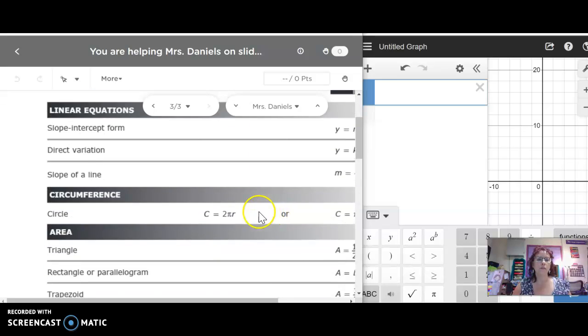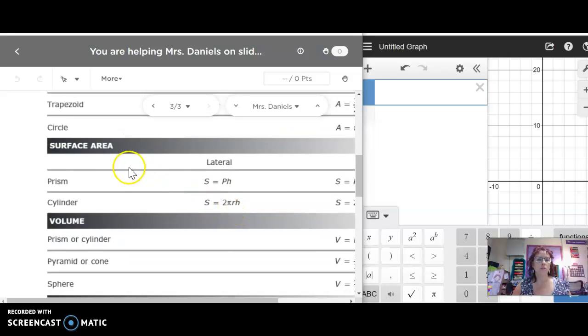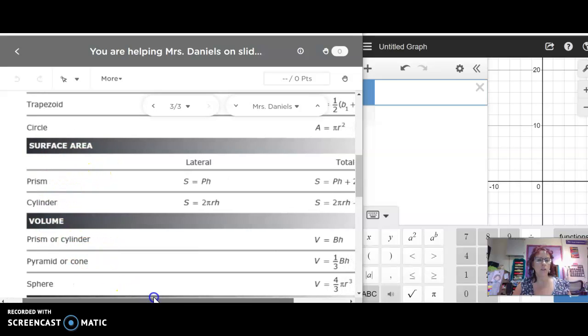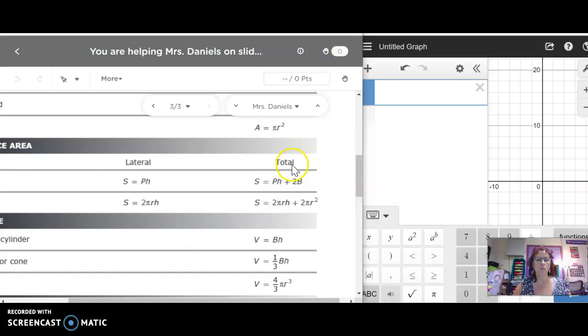We need the formula that goes to surface area. It's a prism, and we're looking for total surface area. That would be the area of the whole entire shape, both of the bases, everything on the outside, kind of like wrapping a present.